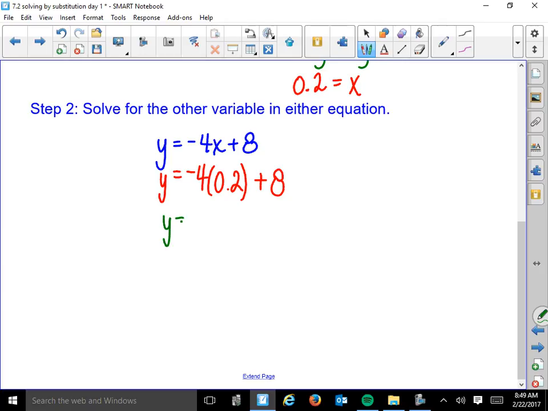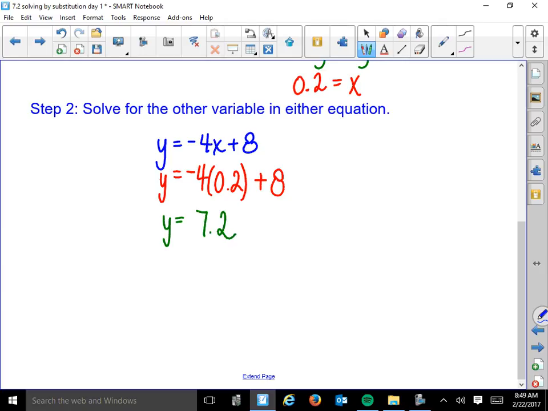So y is equal to negative 4 times 0.2 plus 8 at this point. Of course, you can use a calculator if you need. So negative 4 times 0.2 plus 8 is 7.2.